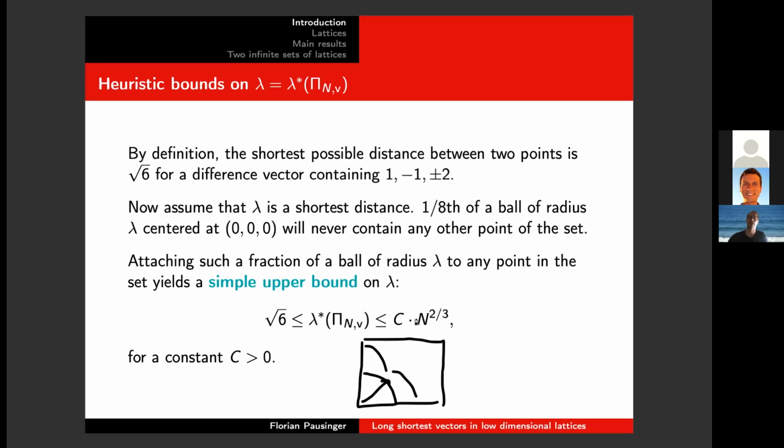In the three-dimensional setting, the upper bound is of order n to the 2/3 with a constant c that is unspecified for the moment. So the longest shortest vectors we can hope for are of order n to the 2/3.